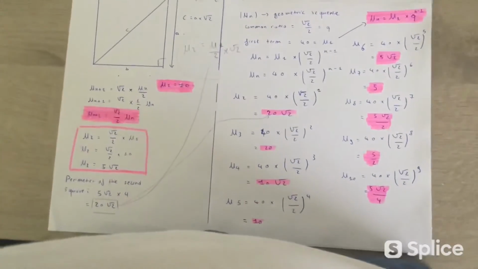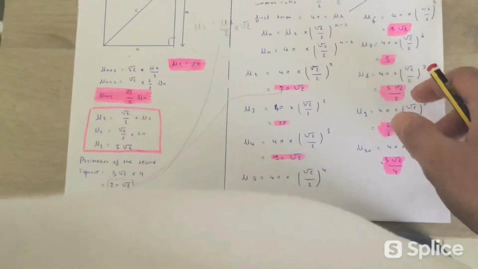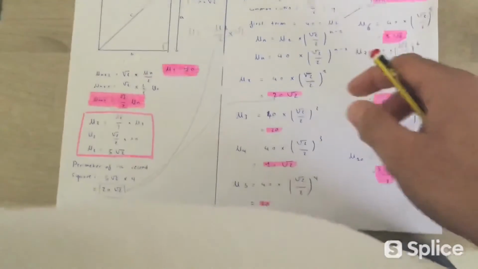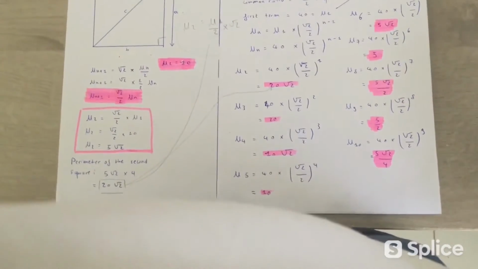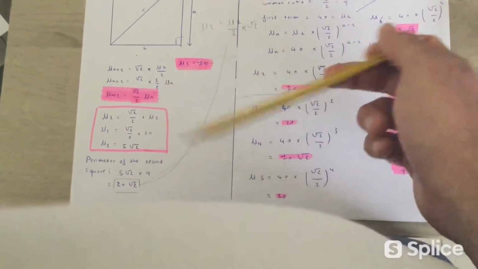U3 will be calculated with U2 instead of U1 and U4 with U3 instead of U2 and on and on. This means that Un plus 1 equals Un times the square root of 2 divided by 2, like here.